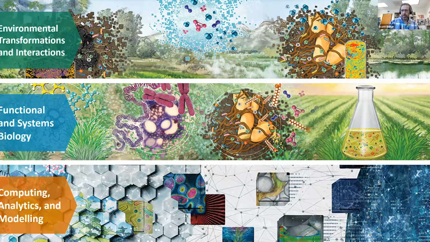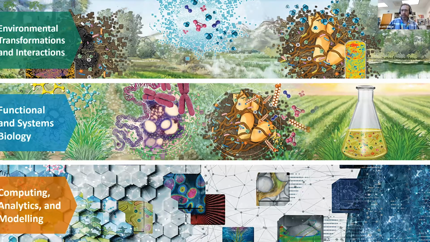So we're interested in mechanistic and predictive understanding of environmental, microbial, plant, and ecological processes, above and below ground ecosystems, and nutrient cycling as well. It's actually a pretty broad scope.